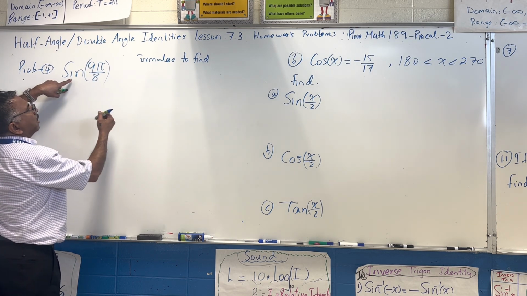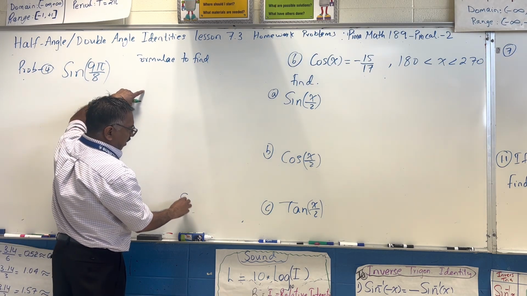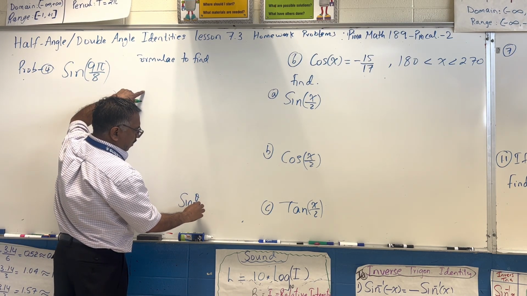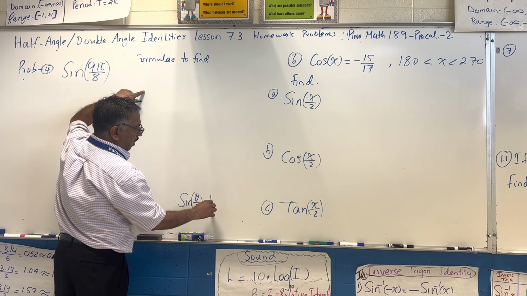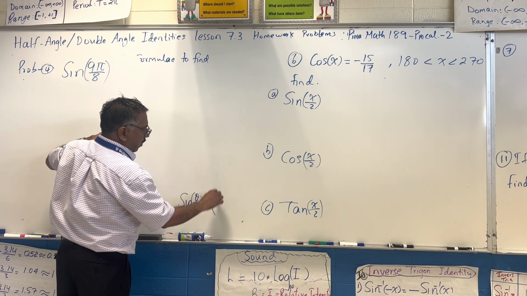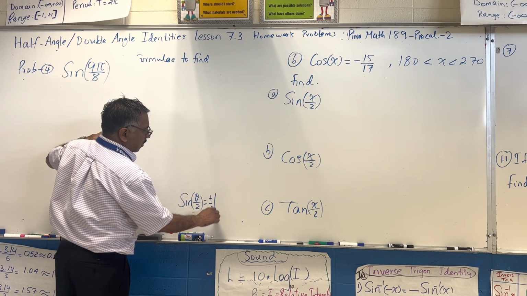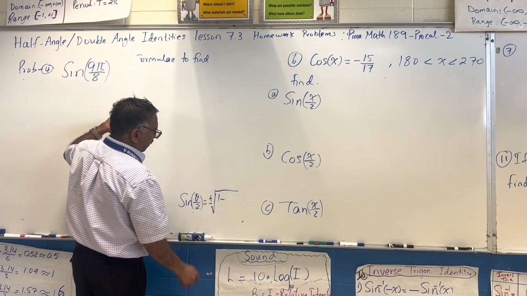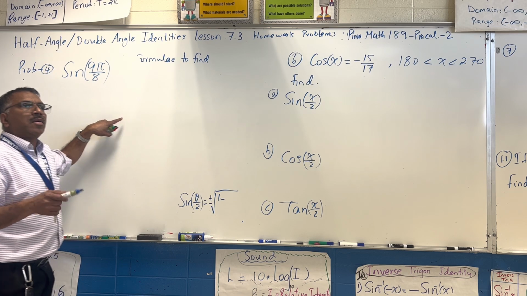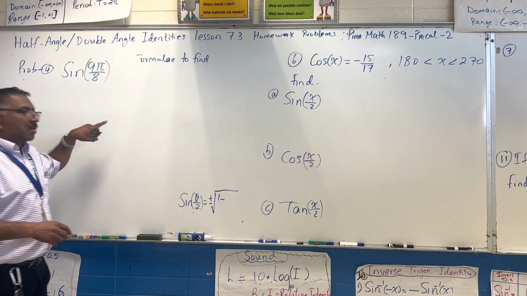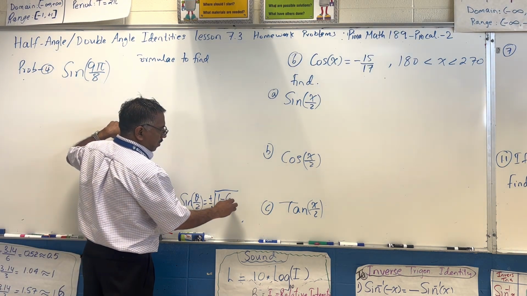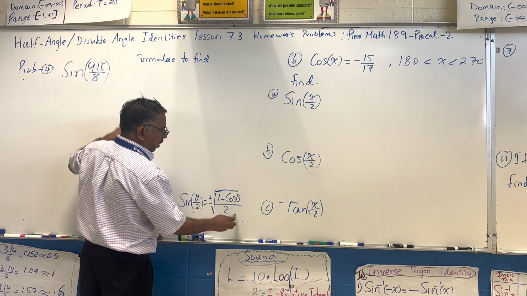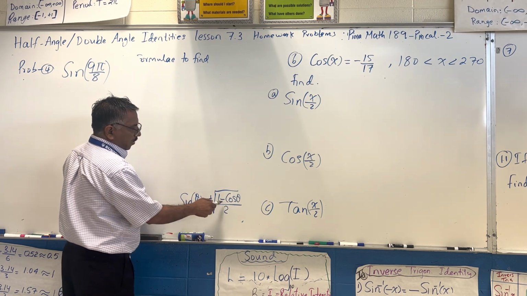The formula for sine of theta over 2 is plus or minus the square root of 1 minus cosine of theta, divided by 2. If it was cosine, then you put 1 plus cosine.